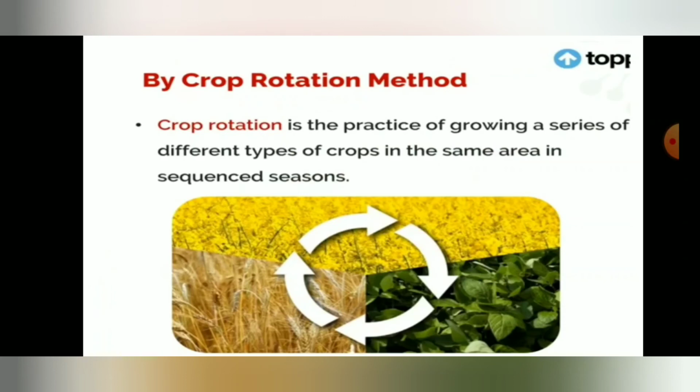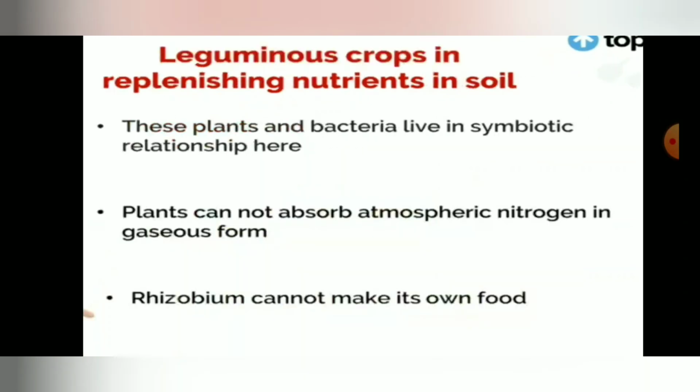So, like this, one year one type of crop, another year another type of crop. Such a practice helps in re-enriching the soil or maintaining the soil fertility. So by the crop rotation method also, we can make the soil fertile.